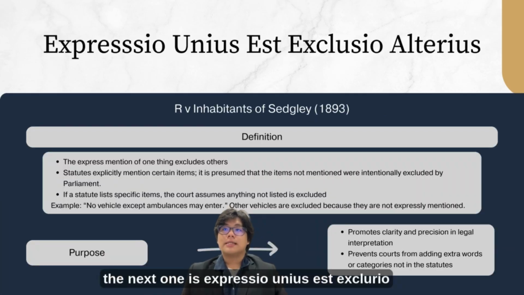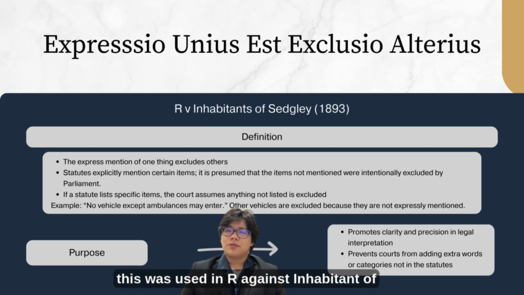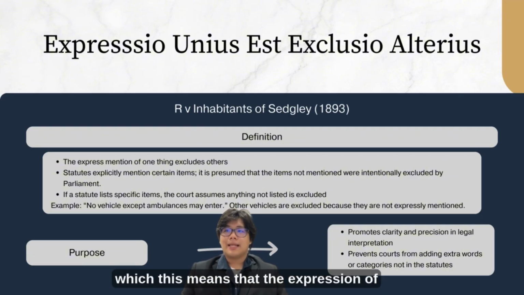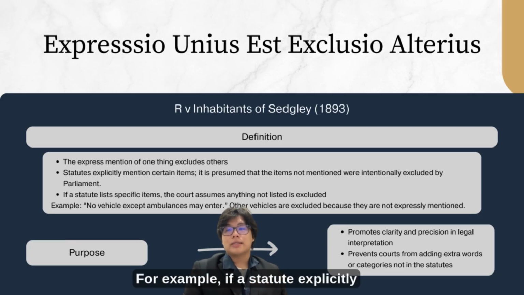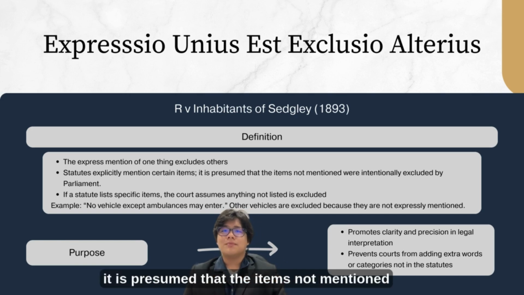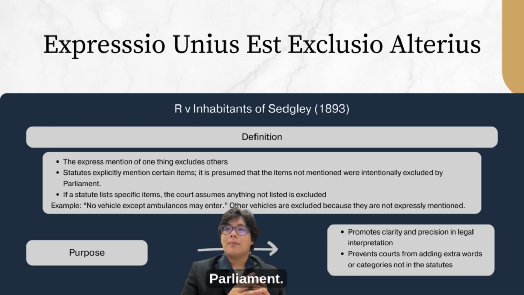Now, the next one is expressio unius est exclusio alterius. This was used in R v Inhabitants of Sedgley, and it means that the expression of one thing excludes other things. For example, if a statute explicitly mentions certain items, it is presumed that the items not mentioned were intentionally excluded by Parliament.